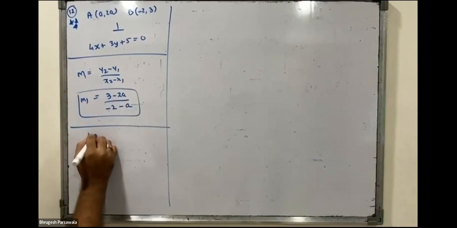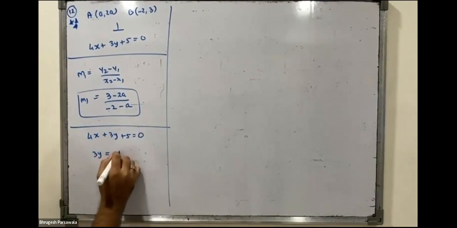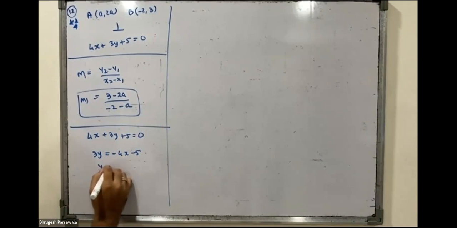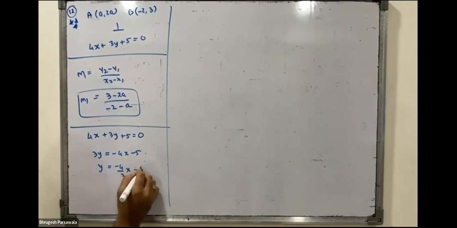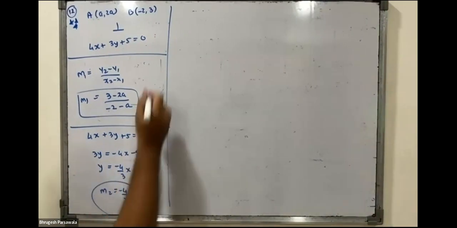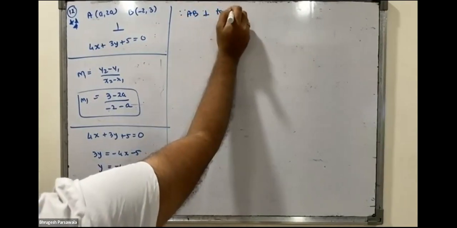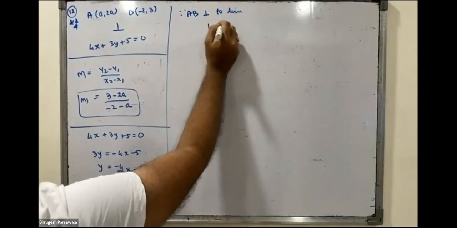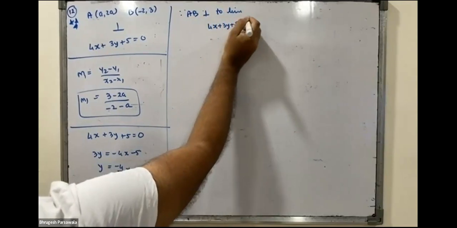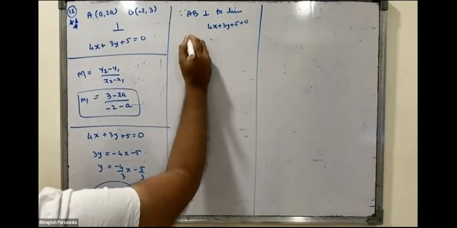m2 kaise dhundhoon beta? y equals to mx plus c format mein likh do. Since AB is perpendicular to the line, do we have to mention y is equal to mx plus c? Writing the standard format, no, it's okay. But whenever you're comparing here, you just mention comparing with y equals to mx plus c. Okay? Do mention.